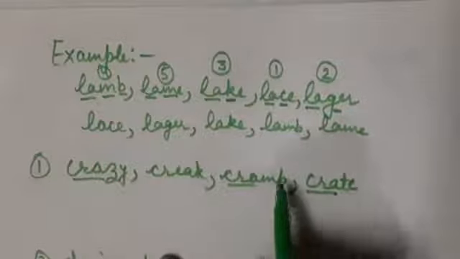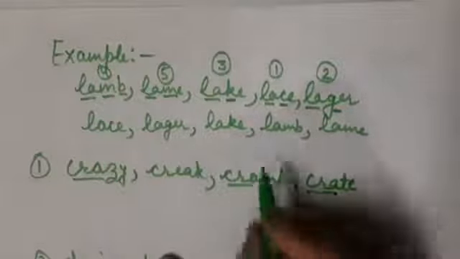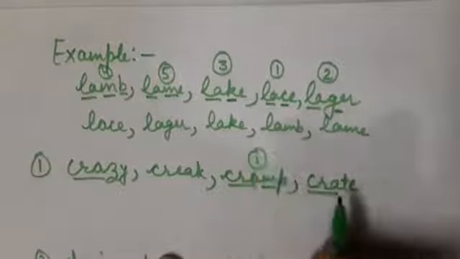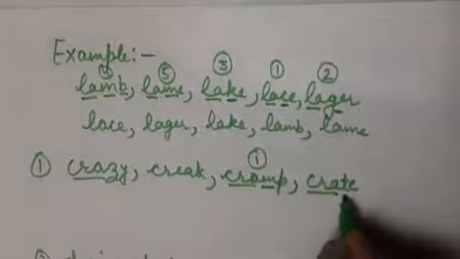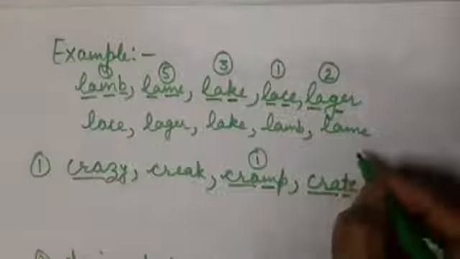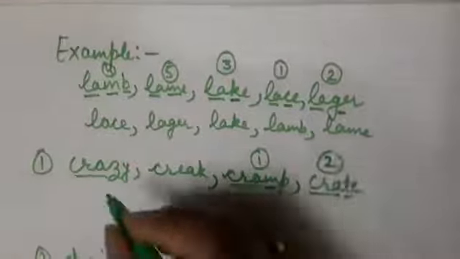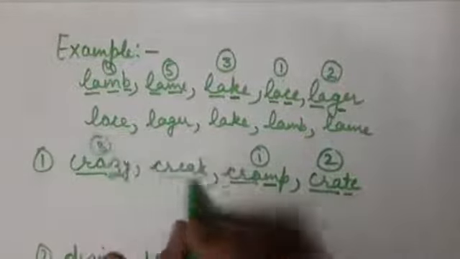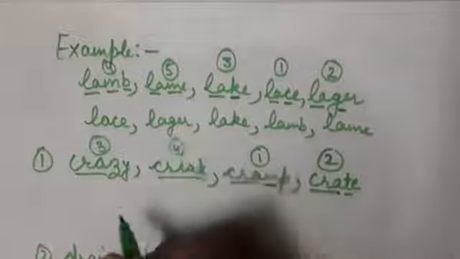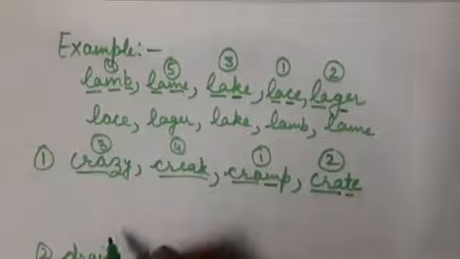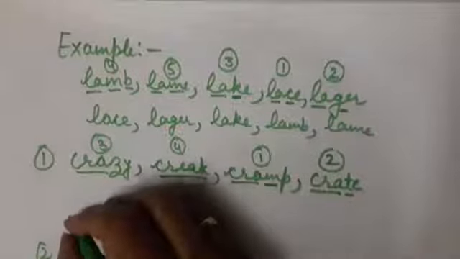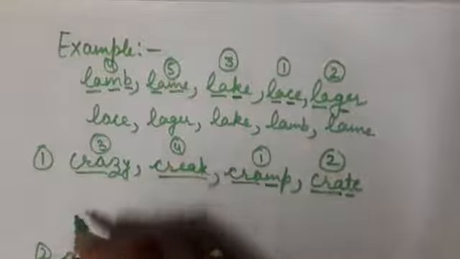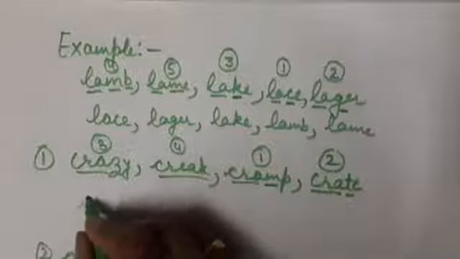So over here we can see that M will come first, so first will be cramp. Then T will come, so crate will be the second one. And crazy will be the third one, and creek will be the fourth one. So what we will write? We will write cramp.